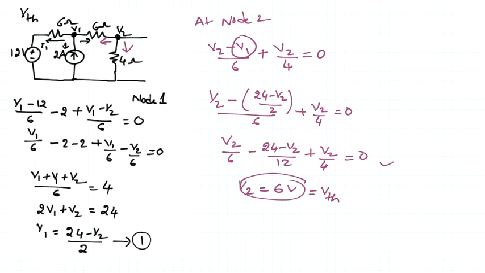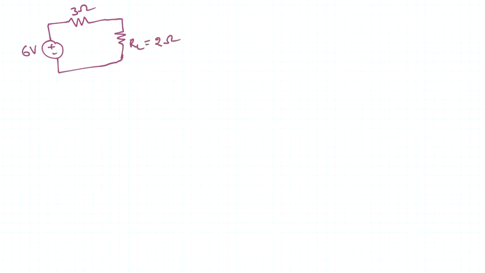Okay, we have found R Thevenin and also V Thevenin. Now again we have to redraw the circuit. So now the circuit will be like this, plus minus, V Thevenin is 6 volts and R Thevenin we found is 3 ohms, and again we have to connect the RL. So RL is equal to 2 ohms. Now we have to find the current flowing here.